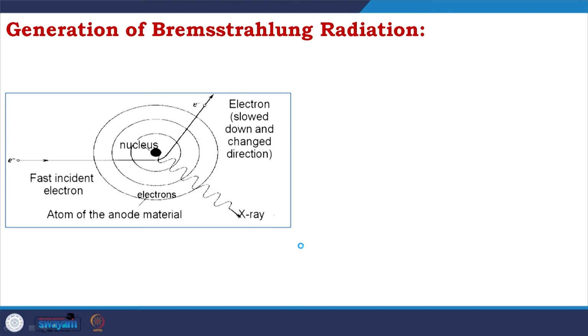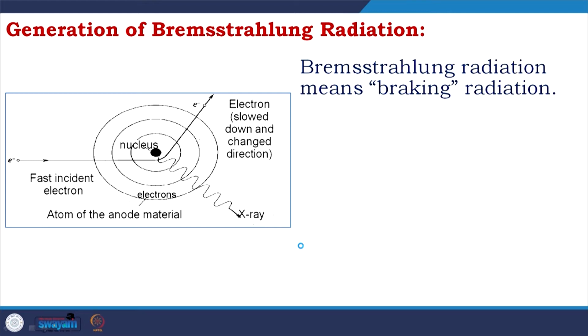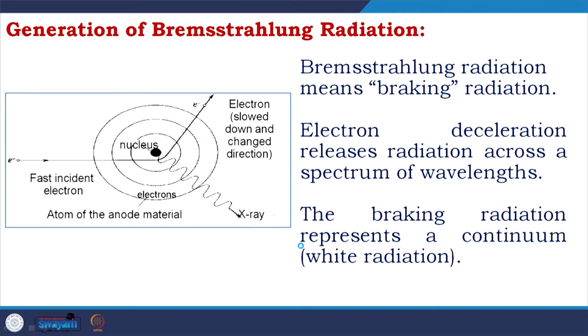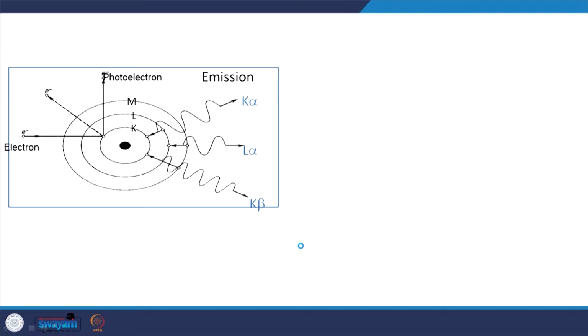So, it is the generation of Bremsstrahlung radiation. Bremsstrahlung radiation means braking radiation. Electron deceleration releases radiation across a spectrum of wavelengths. The braking radiation represents a continuum. So, if you see, the electron comes and hits, slows down and changes direction.